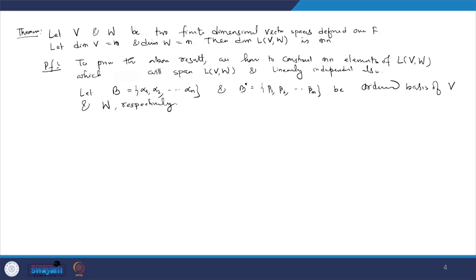So, I have considered an ordered basis for V and an ordered basis for W first. Now, I have to construct mn functions from V to W.